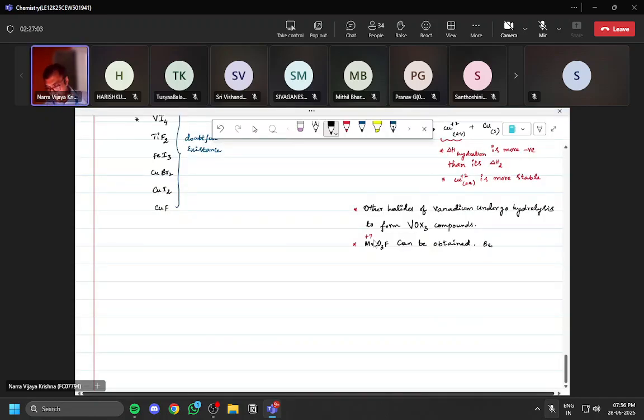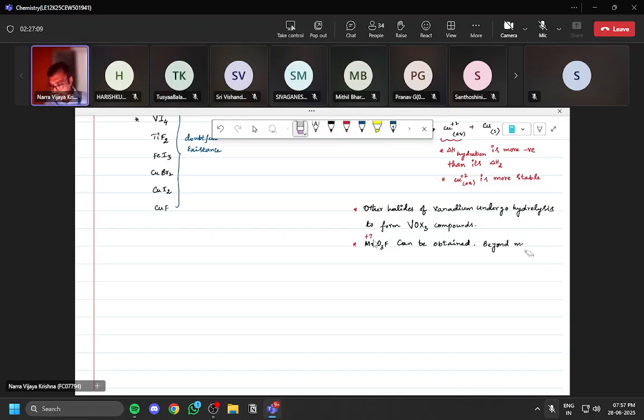Beyond manganese, no halides have +3 except FeX3 and CoF3. Why am I writing FeX3?